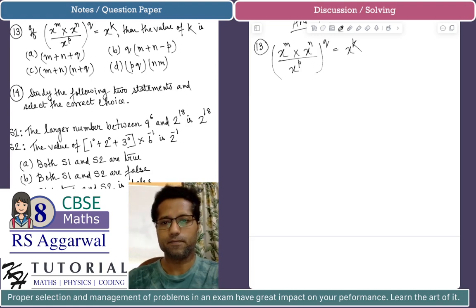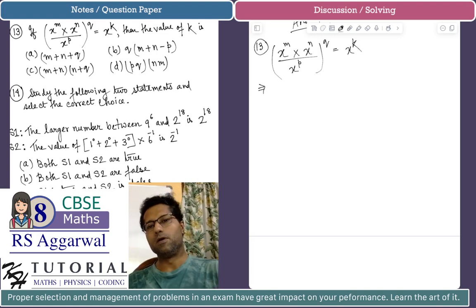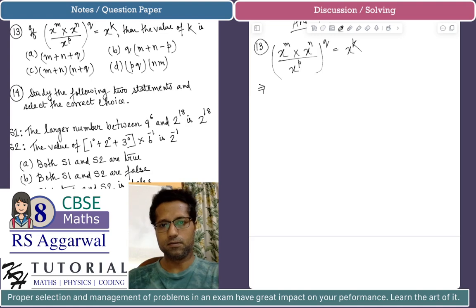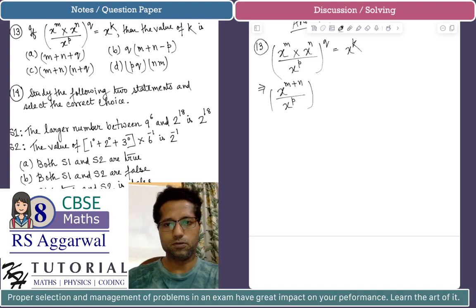So let's do that. Let's simplify the LHS. Now x to the power m multiplied by x to the power n, using the basic laws of exponents, we get x to the power m plus n divided by x to the power p, whole raised to the power q is equal to x to the power k.